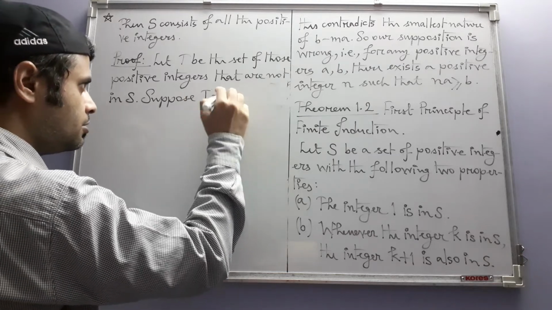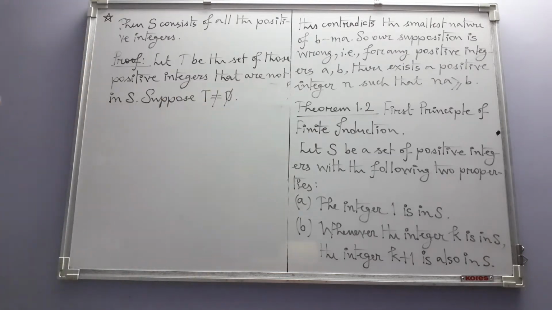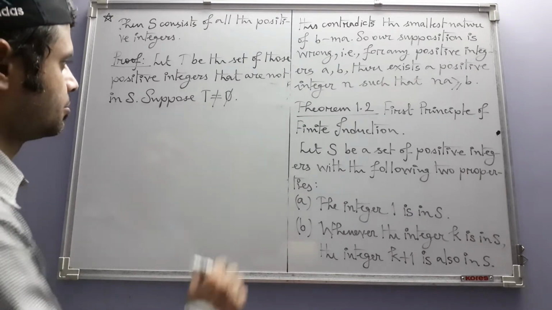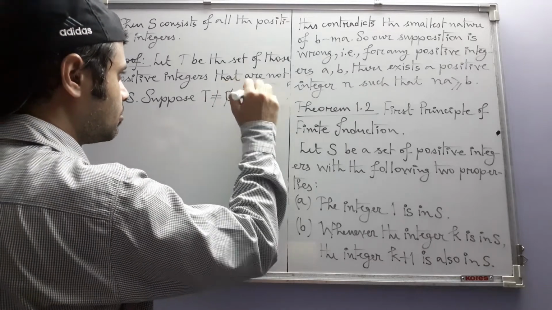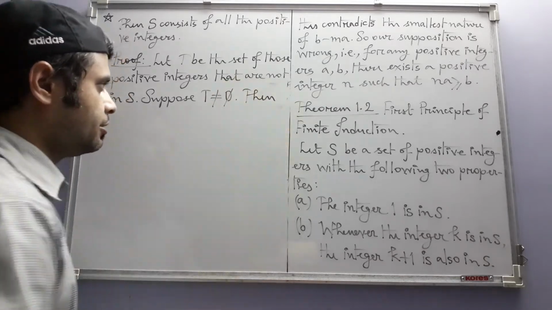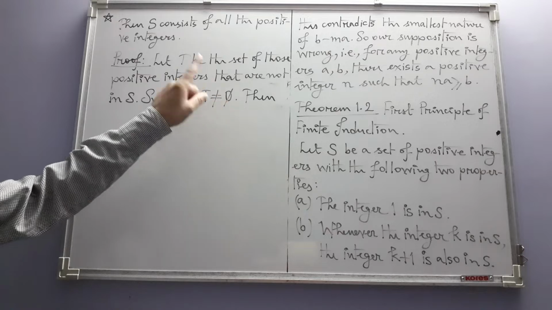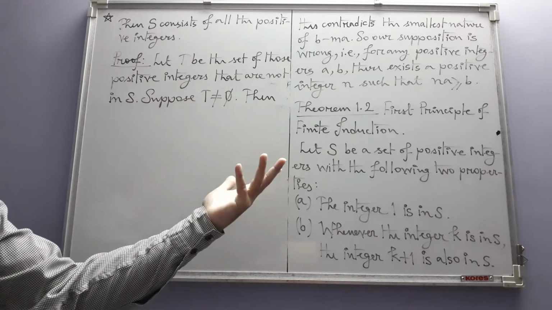Suppose T is non-empty, that is, there is at least one positive integer that is not in S. Then T is a non-empty subset of the set of positive integers.